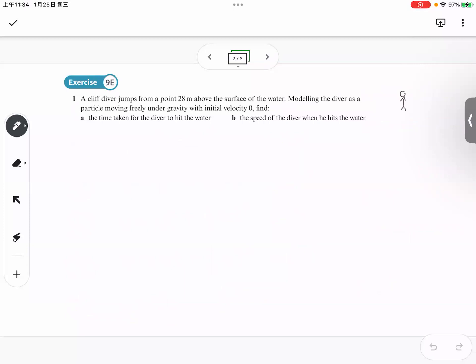For the exercise, question 1: A cliff diver jumps from a point 28 meters above the surface of the water. Modeling the diver as a particle moving freely under gravity with initial velocity equal to 0, that means this one is 0 meters per second. Then it jumps from the cliff to the water.